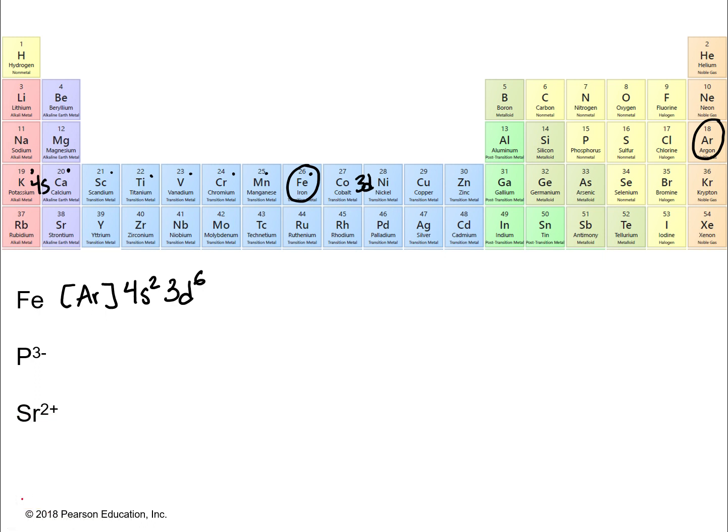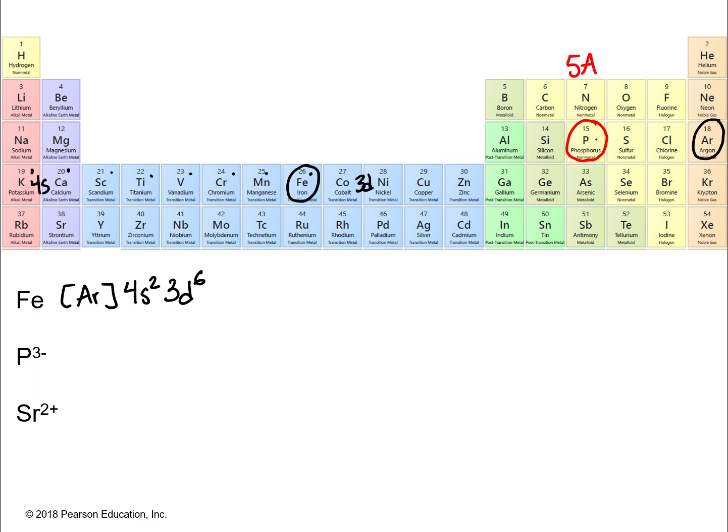I'll switch to red for phosphorus. Phosphorus is in group 5A. So when it forms an ion, it's going to gain 3 electrons and it'll have a 3 negative charge. That's what we see, P3 minus. If it gains 3 electrons, that means we're starting with 15 electrons and adding 3 more.